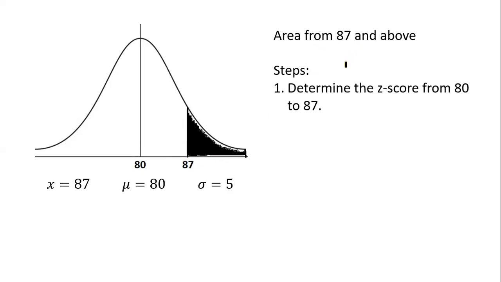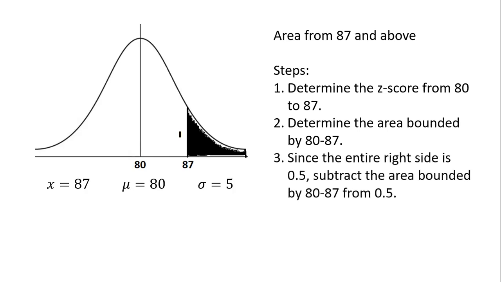The first one is determine the Z-score from 80 to 87. Then determine the area bounded by 80 to 87. And then number 3, since the entire right side is 0.5, subtract the area bounded by 80 to 87 from 0.5. So let's do this step by step.